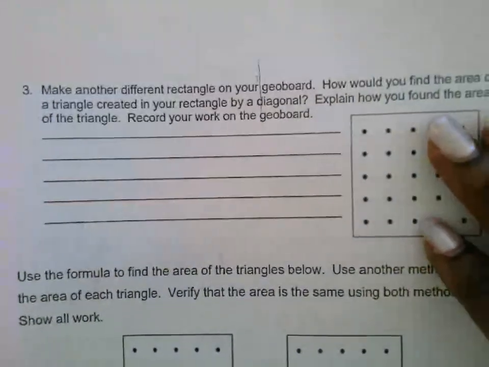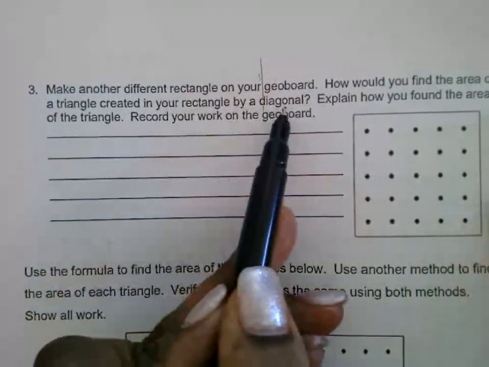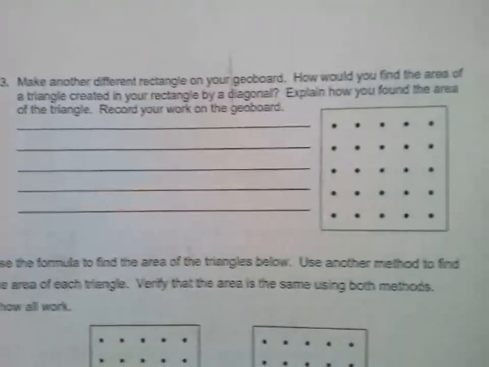What are we doing here? Oh, make a different rectangle on your geo board. Find the area of a triangle created in the rectangle. All right, so just do it all on your own this time.